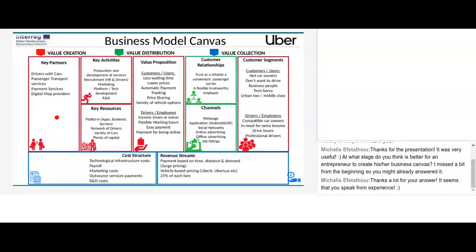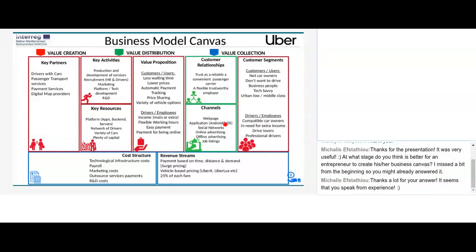Now for the value distribution, let's examine the customer relationships. The relationship Uber wants to build with its customers is trust as a reliable and convenient passenger carrier, and the relationship it wants to establish with the drivers is that of a flexible and trustworthy employer, providing flexible working hours, etc. As for the channels, Uber's webpage is the main channel for drivers and employees to get recruited.